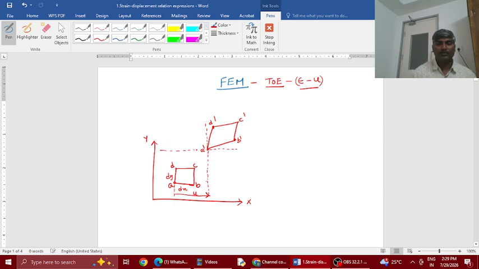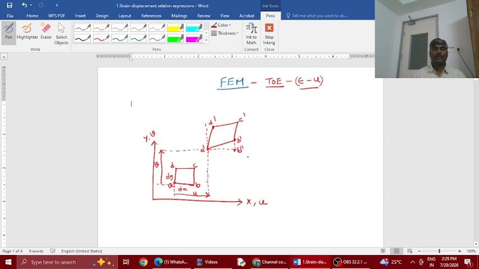Same way, in y direction, this is v. So as you know, in the previous session we have talked about, we denote u as x displacement and v as y displacement. Now drop this point onto the horizontal line. Name this as B double dash.